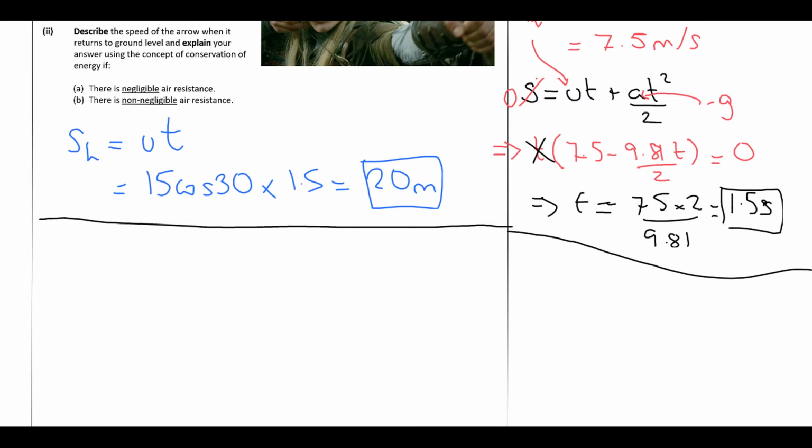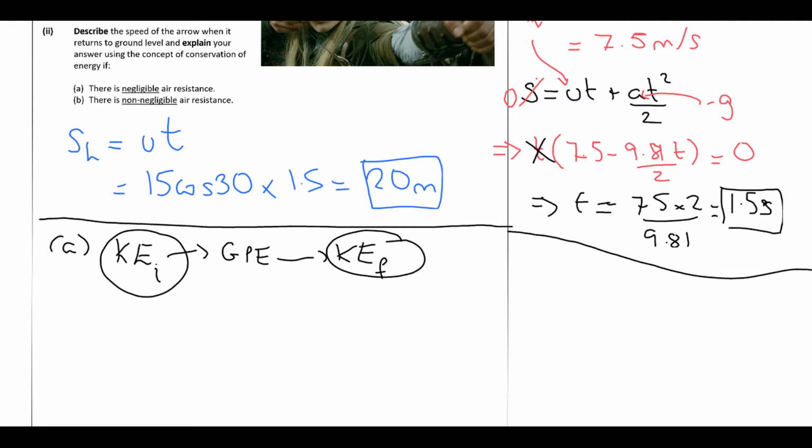First, if there's negligible air resistance, if you think what happens to the arrow, it has kinetic energy initially. It's transferred to GP at the top of it, and then it would be transferred back into kinetic energy. If there is no work done against air resistance, these two values, the kinetic energies, should be the same as each other.